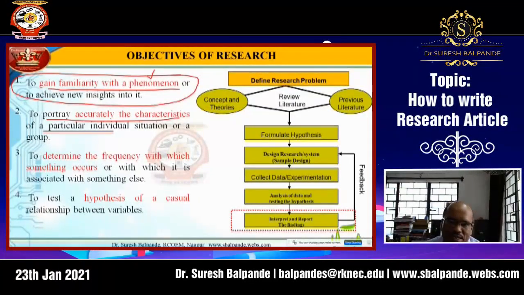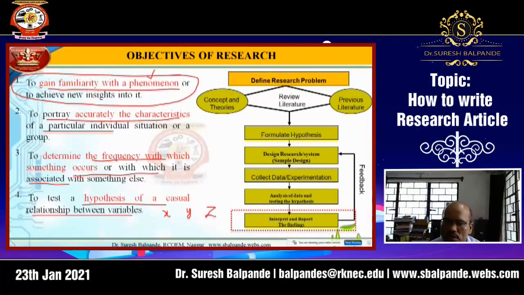Then you can decide the frequency of some parameter which occurs or is associated. That is one of the objectives, and to test the hypothesis of a causal relationship between the variables, because you have taken some variables x, y, z.